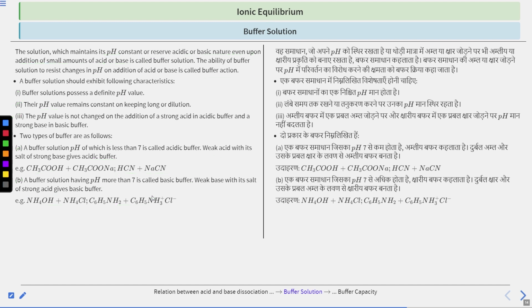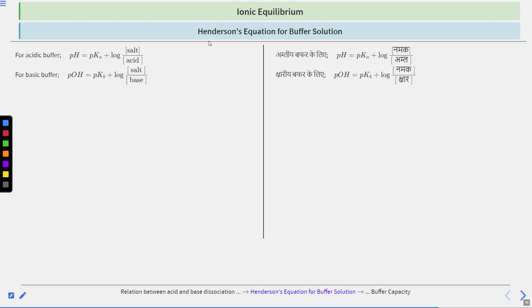Okay. Now, Henderson's equation for buffer solution. For acidic buffer, pH is equal to pKa plus log of salt concentration divided by acid concentration. And for basic buffer, the pOH is equal to pKb plus log of salt upon base concentration.